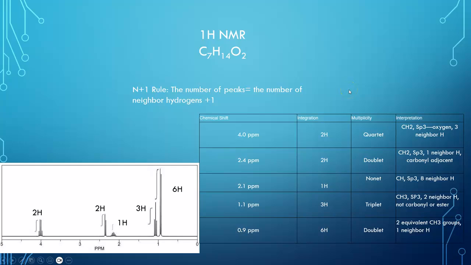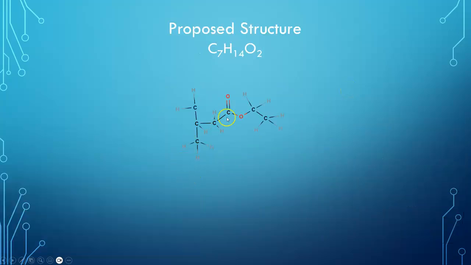And this is what it looks like. So you have 7 carbons, 14 hydrogens, and 2 oxygens, and then you have the 1 double bond here in the middle.